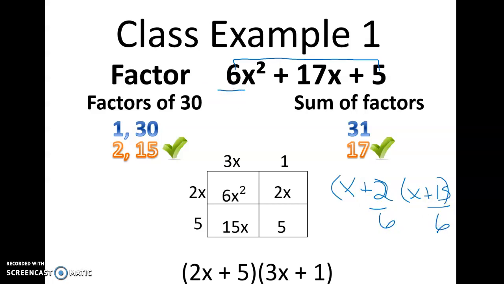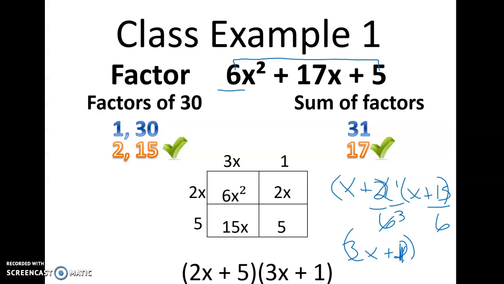Okay? Neither one of these divide evenly, but they can be simplified. 2/6 simplifies to 1/3, right? So that means we would do 3x plus 1, which is this one.